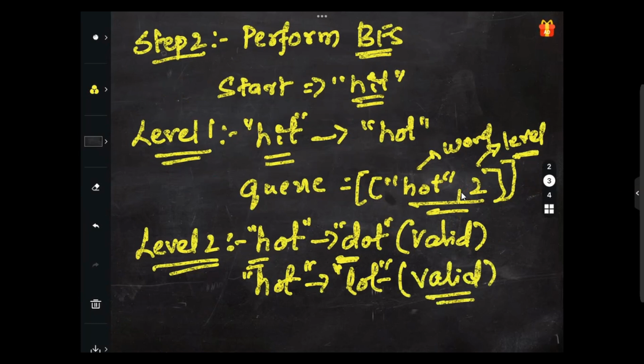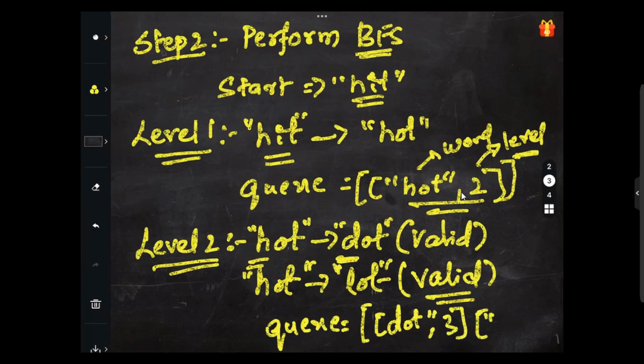Now the queue after processing hot will be dot and lot. Dot will be level 3 and lot will also be level 3 because we have two words, right? So this is what we get for level 2.